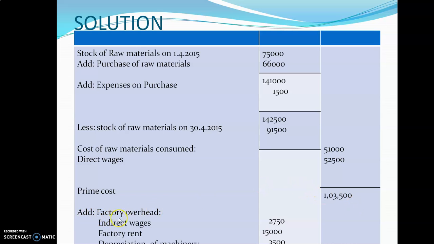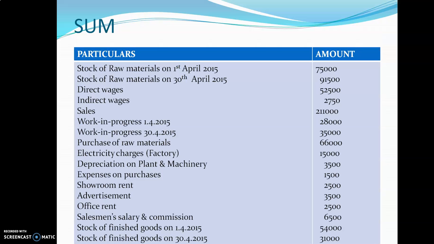Then next we have to add the factory overheads. So we have to see which expenses will come under factory overhead. So here, as I told, indirect wages will come because wages we paid to labor and labors are in the factory. So indirect wages is 1.